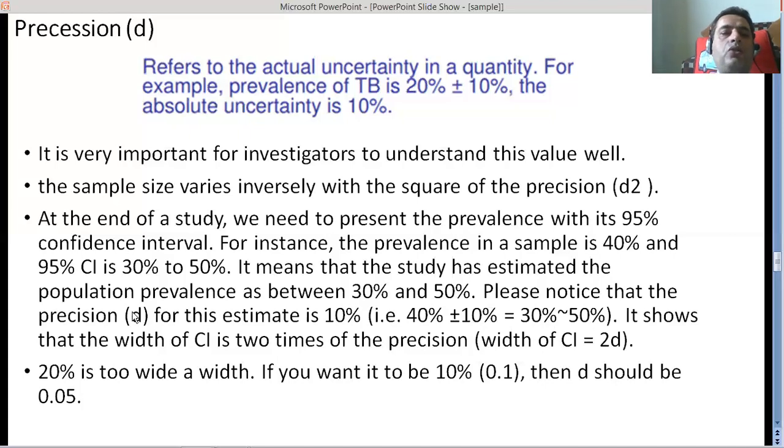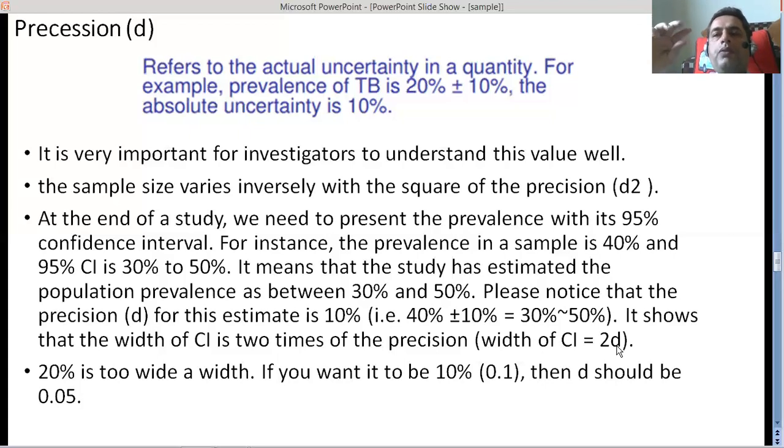It shows that the width of the confidence interval is 2 times the precision. Width of confidence interval is 2D. In this case, you can see very clearly that the width of the confidence interval is very important. It's about 20% in this case, from 30% to 50%.